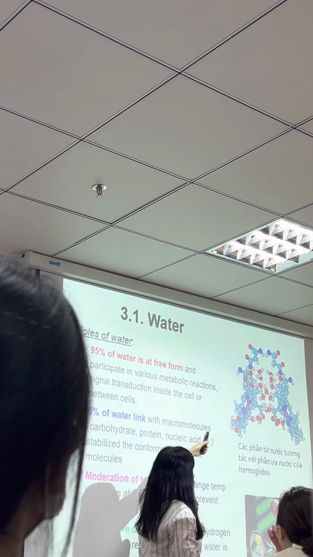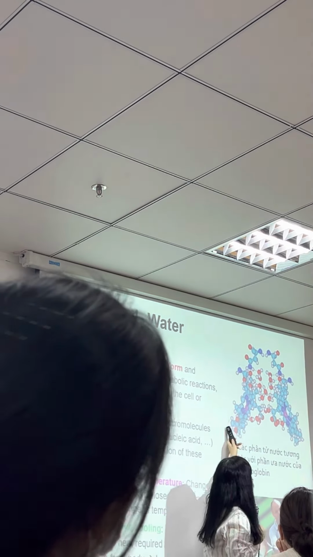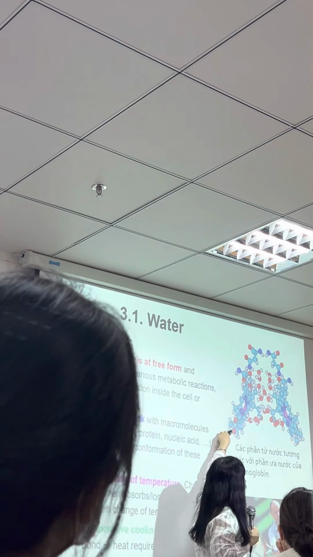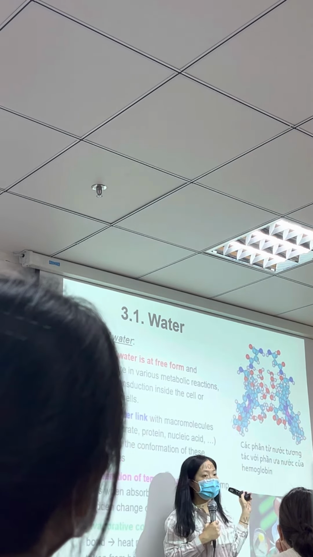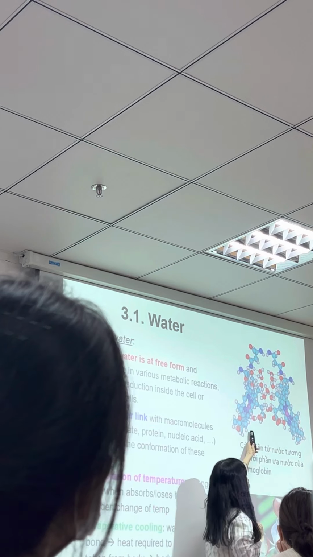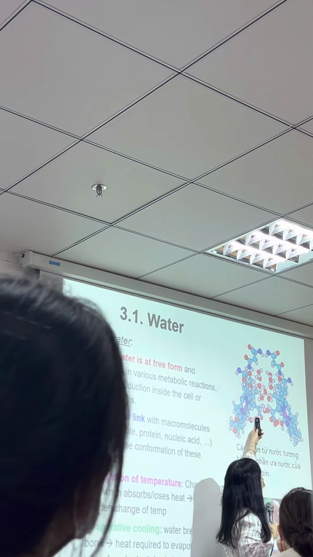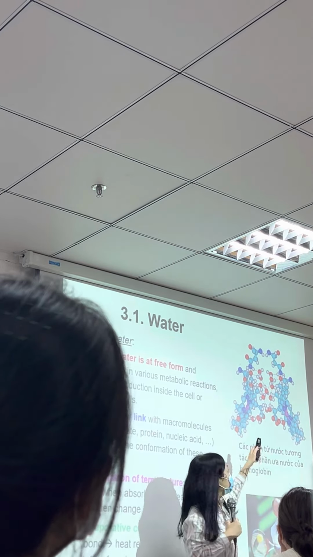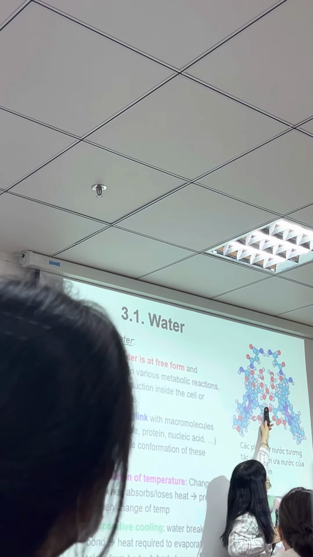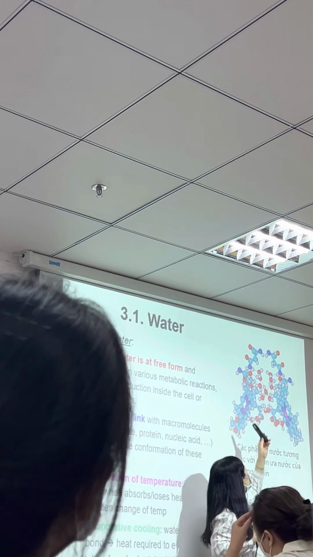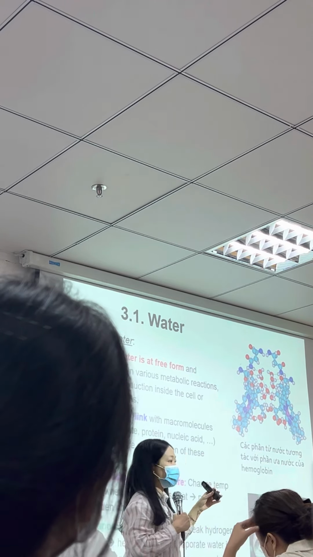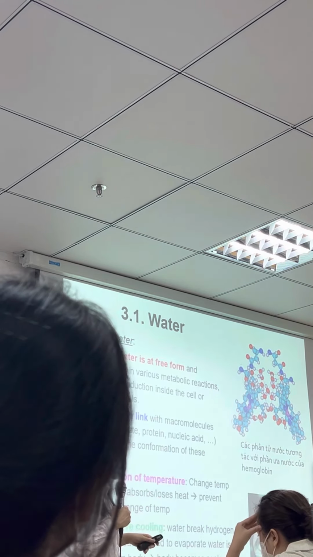For example, in this structure, the blue and cyan colors stand for molecules of protein, and the red and white colors stand for water molecules. So here, water molecules form hydrogen bonds with amino acids, which are hydrophilic amino acids on the surface of protein.